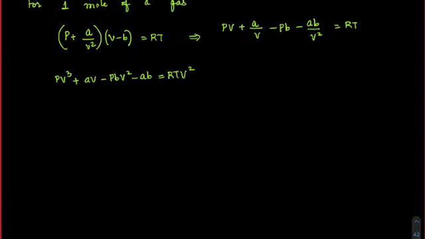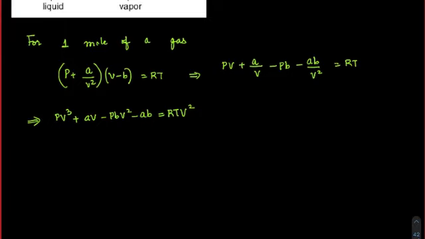I hope you guys are following how I took the LCM here, and V square I have taken to the right hand side. Now if I bring this V square to the other side, I will get PV cube minus (Pb plus RT) into V square plus aV minus ab is equal to 0. This is what I'll get.